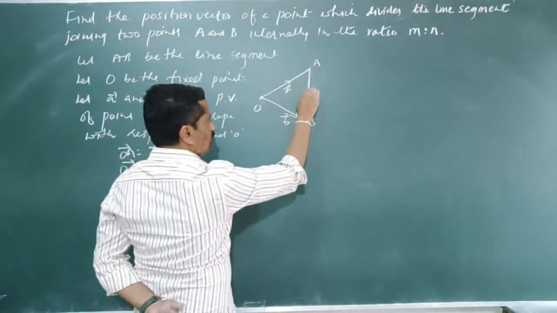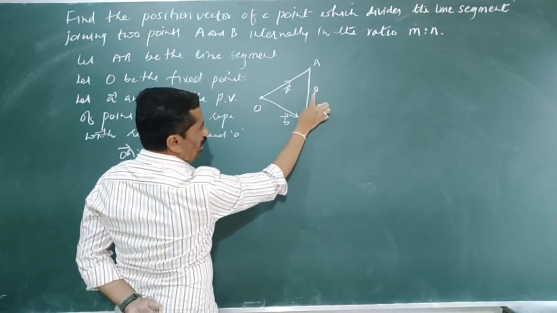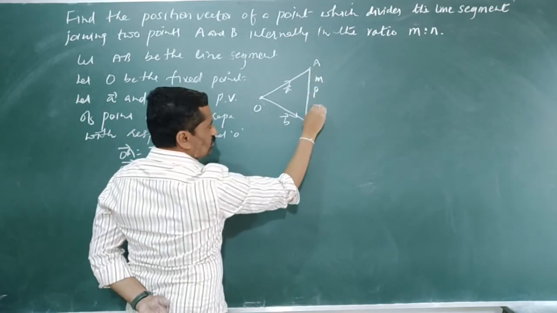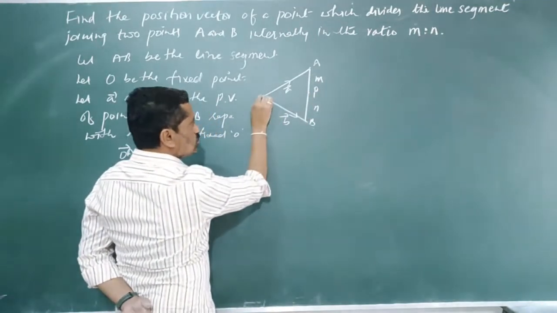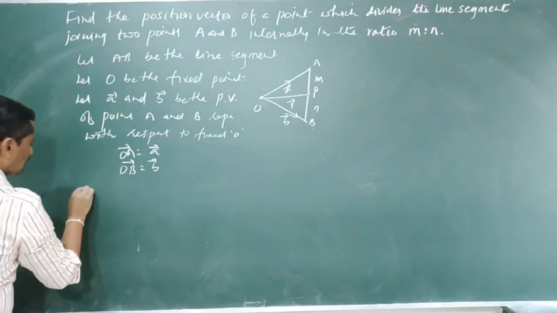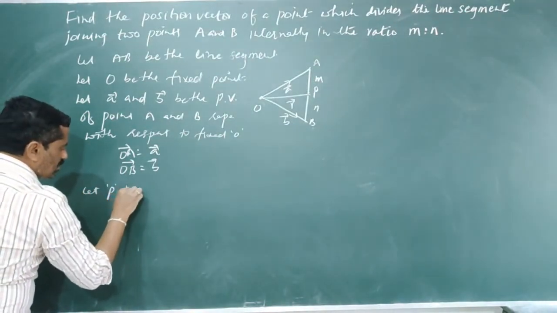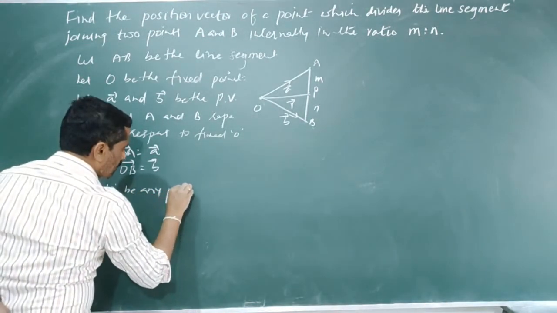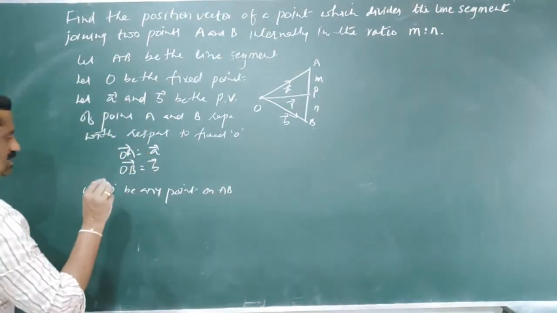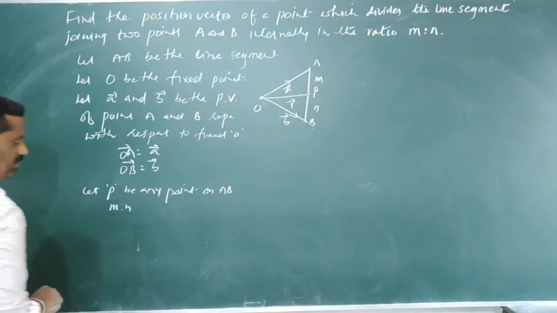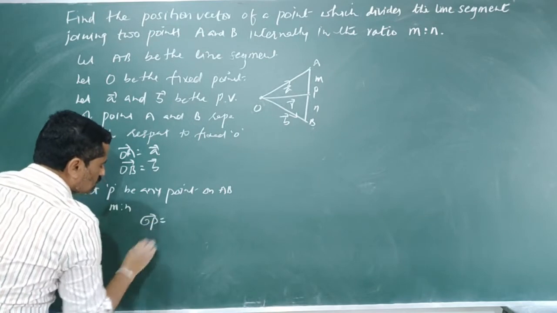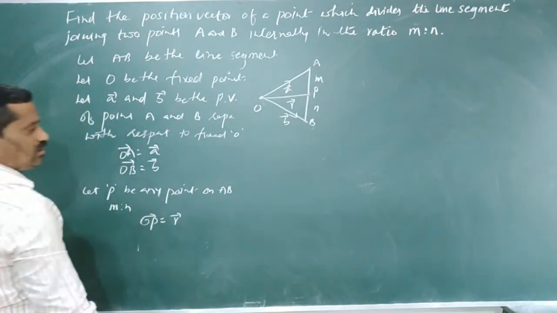Next, let P be any point which divides the line segment AB in the ratio m is to n internally, and whose position vector is R bar. That is, OP bar is equal to R bar.